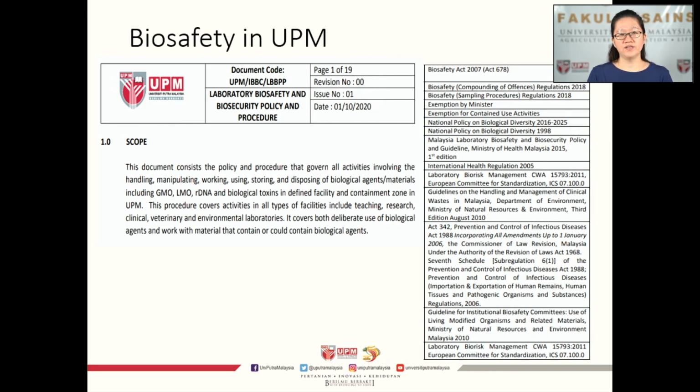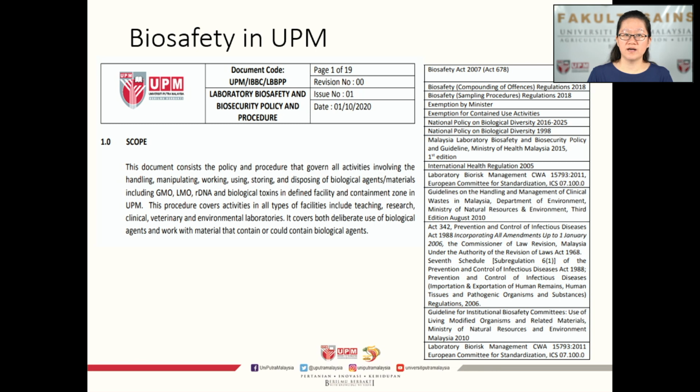So biosafety in UPM is placed under the wing of the UPM Institutional Biosafety and Biosecurity Committee. A laboratory biosafety document has been prepared which contains the policy and the procedures that govern all activity involved in handling, manipulating, working, using, storing and disposal of biological agents and materials including GMO, LMO, rDNA and biological toxins in defined facilities and containment zones in UPM.